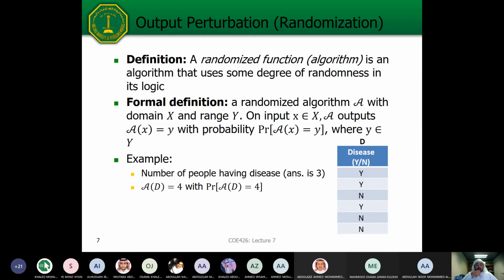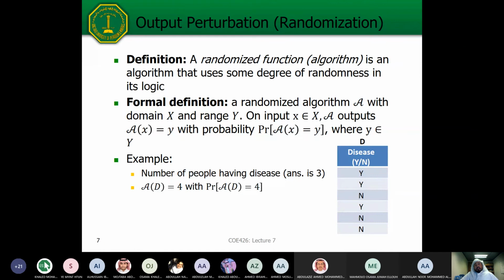I would like to see the probability that this randomized algorithm will output the answer equal to 4. I don't care about the exact value, but I would just note Pr, the probability of producing 4 as a result of this function.